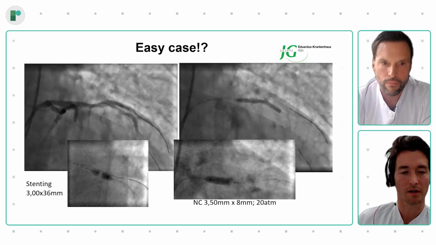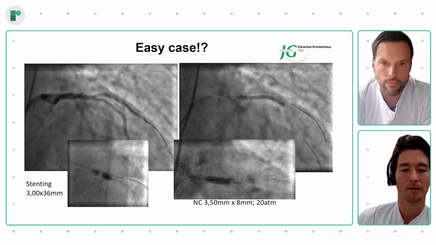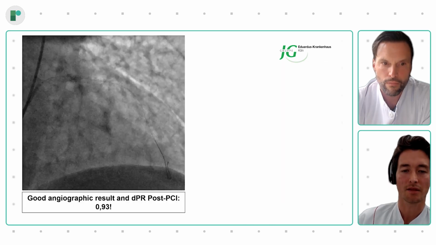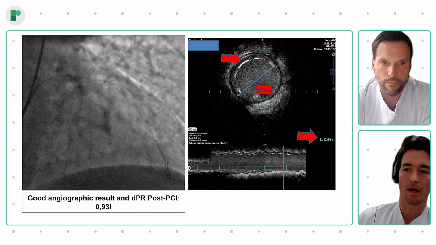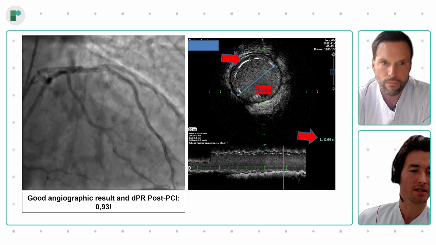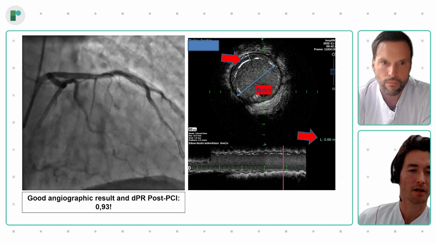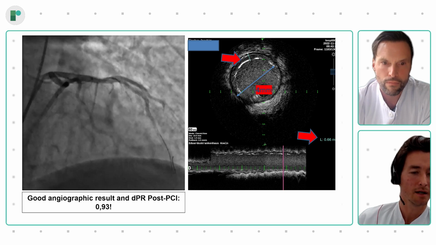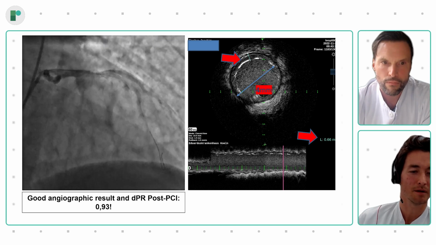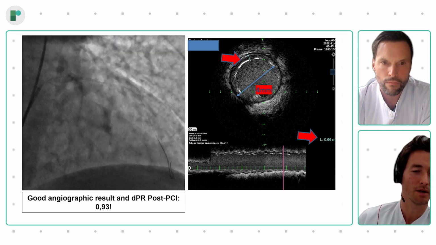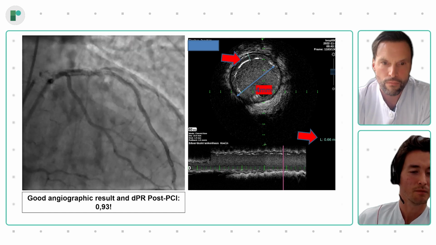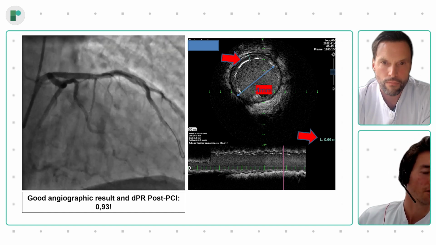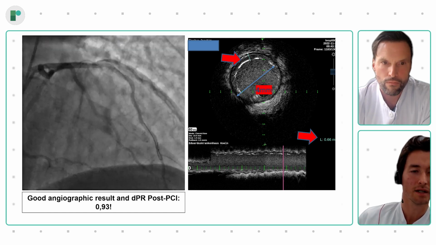We performed a POT with an NC 3.58 millimeter balloon and had a very decent angiographic result. And we then very meticulously documented a DPR post PCI with a satisfying ratio of 0.93.